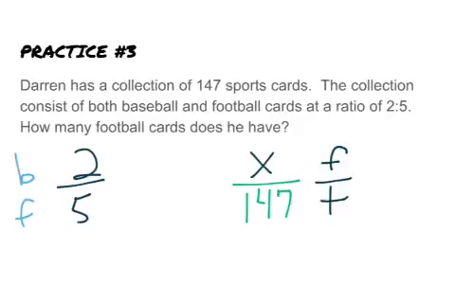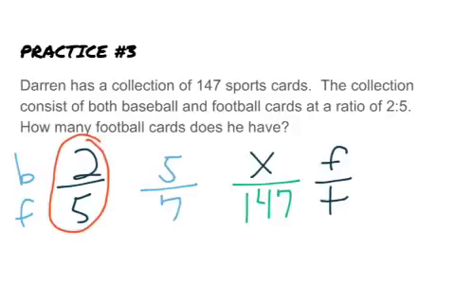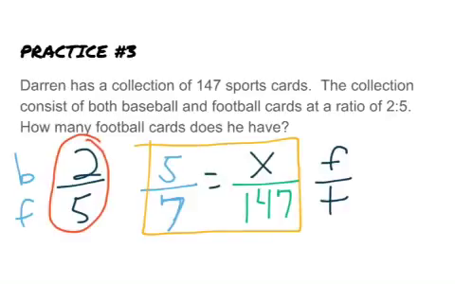So we go back to our part over part, and the football is represented by the 5. So we have 5 out of every, just add the 2 parts, 2 plus 5 is 7. So 5 out of every 7 cards is football, and we set this up as a proportion, and we can solve it.